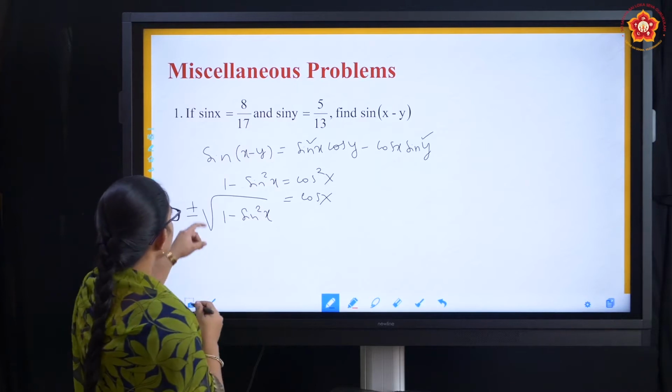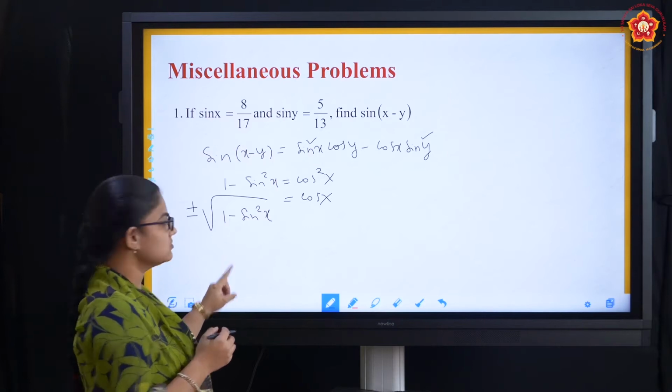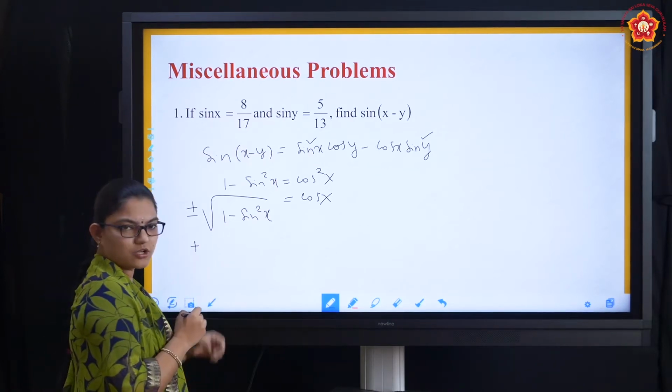So now we are considering it in the first quadrant where cos is also positive, so we can consider plus here instead of plus or minus.